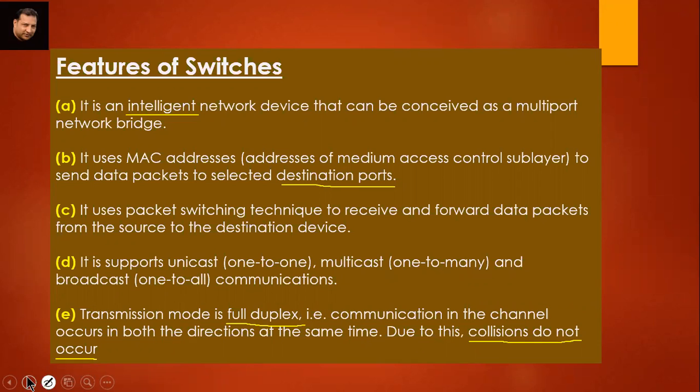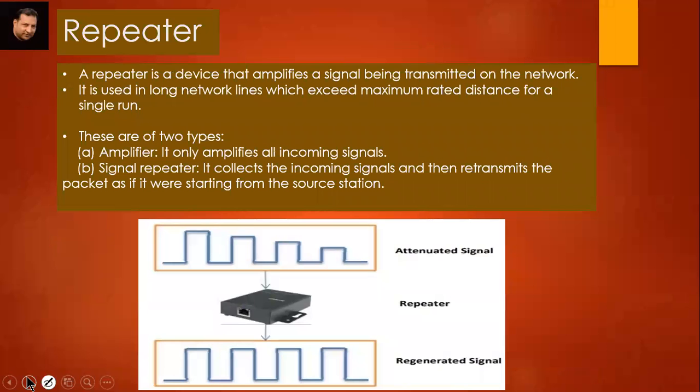So switches are far better than hub. So if you want to connect 3-4 computers or a very small LAN, you can use hub, no problem at all. But if you have more computers, LAN is large, in that case, switches should be used.